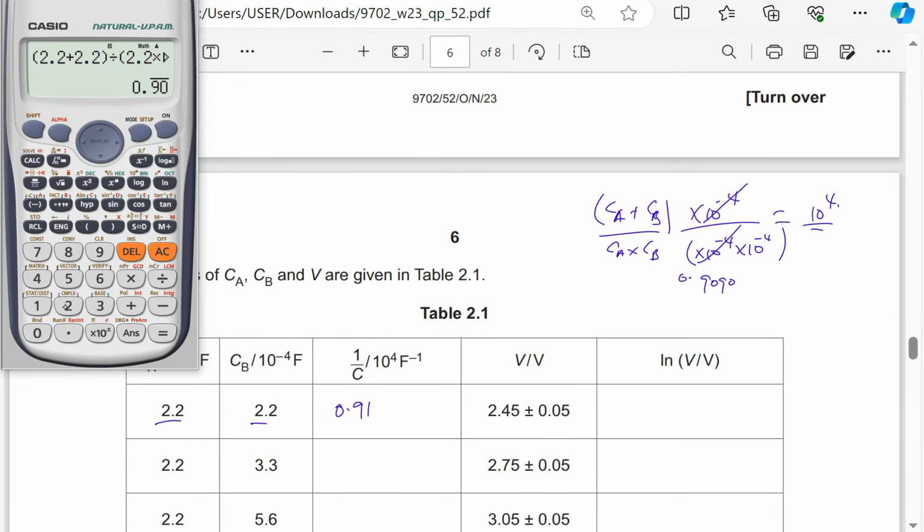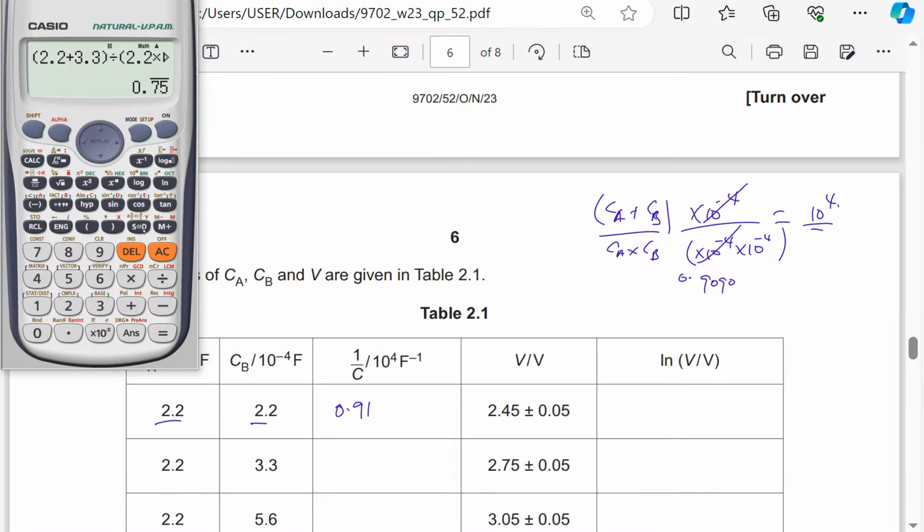The second one. Let me repeat this. Open the brackets, 2.2 plus 3.3, divided by, open another bracket, 2.2 times 3.3.